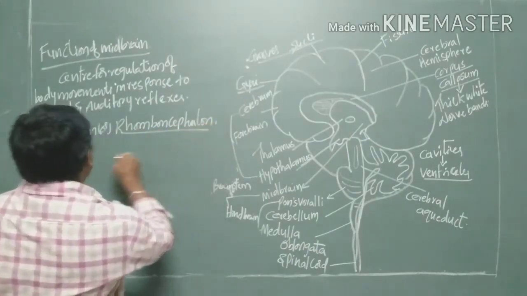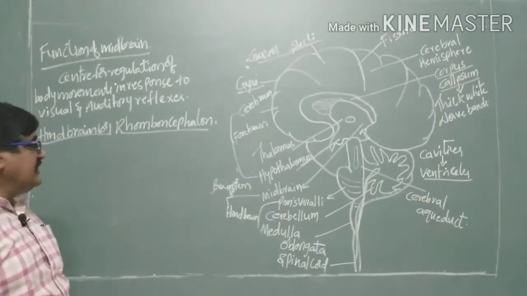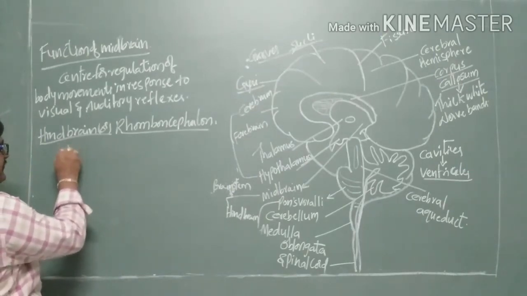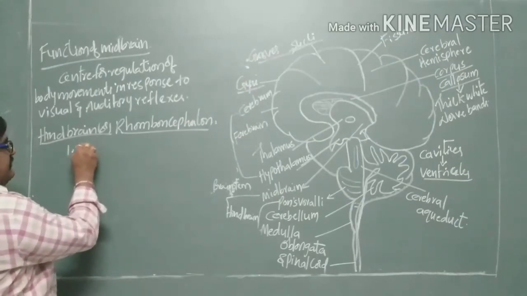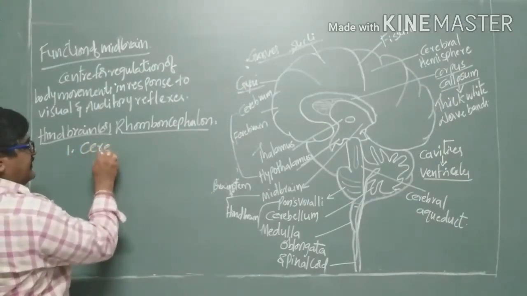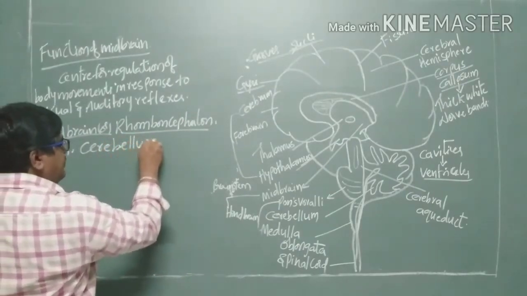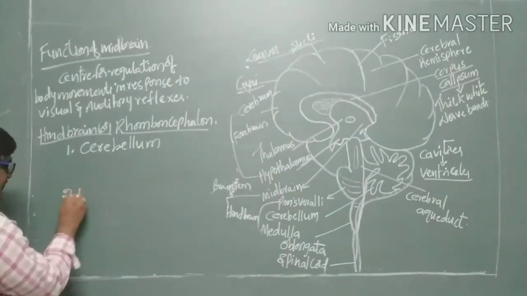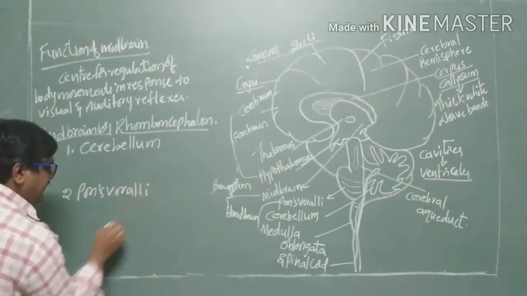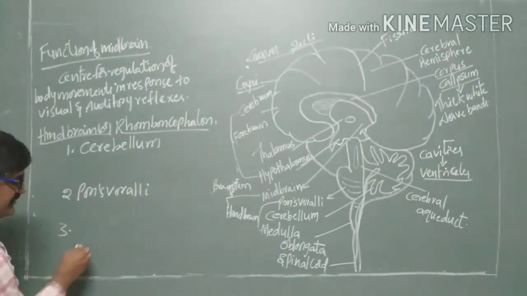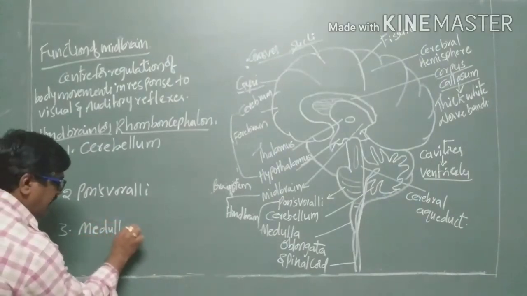Rhombencephalon. It is also called the hindbrain, or rhombencephalon, and it consists of 3 parts. One is the cerebellum, the second one is the pons varolii, and the third one is the medulla oblongata.